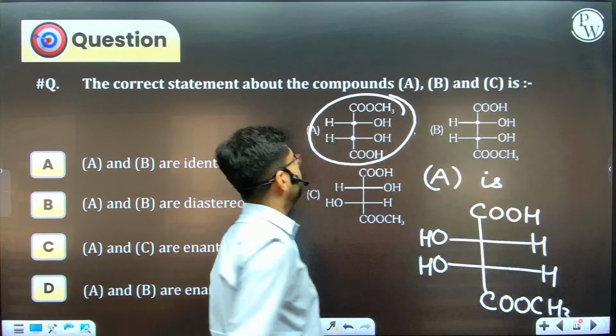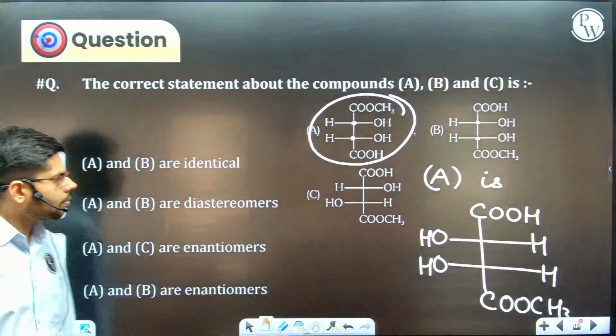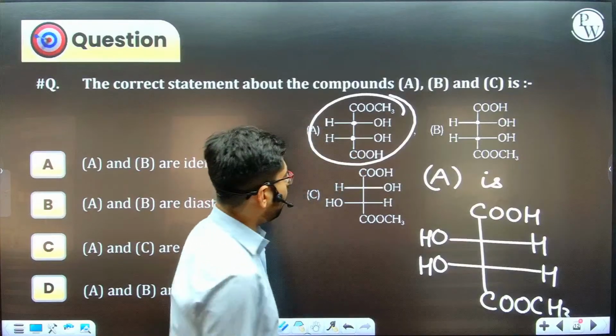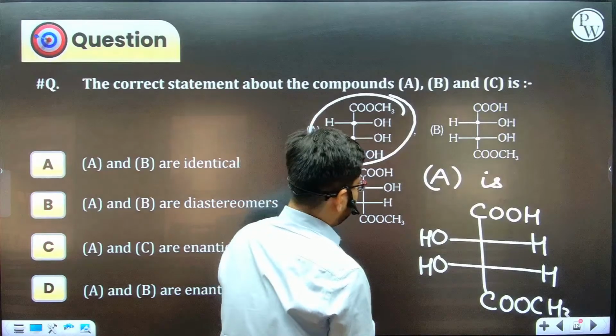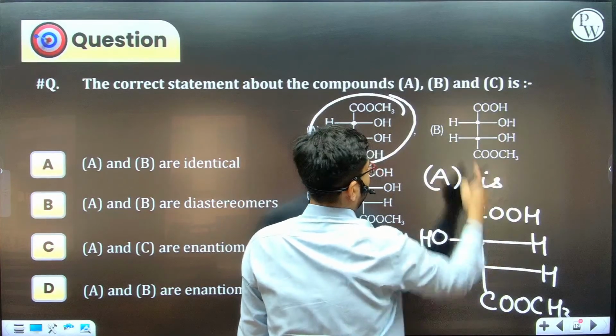So this is A. Now I can compare easily because in all the compounds, COOH is at the top. So if I compare A and B, clearly what I can see is that around this carbon, swap has taken place.